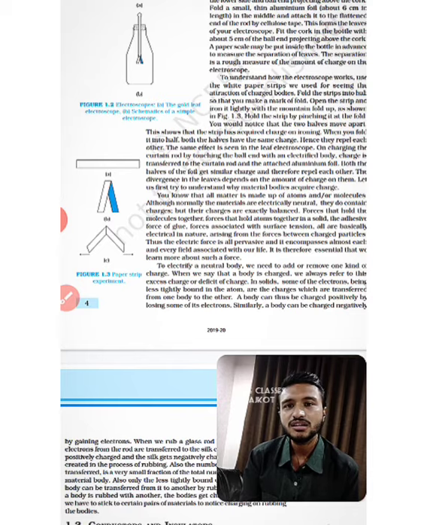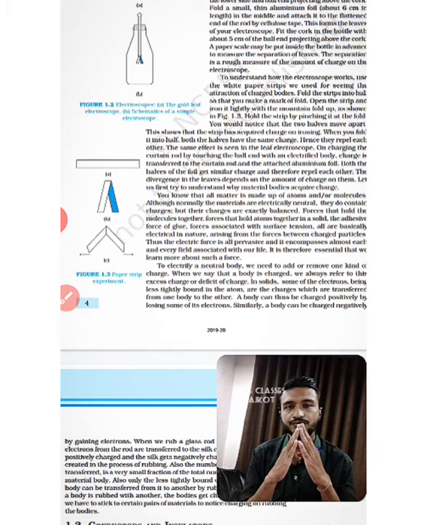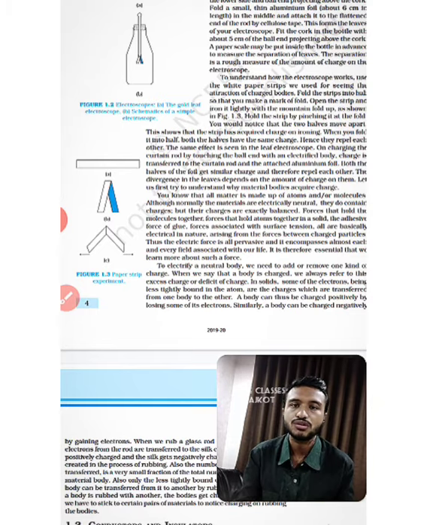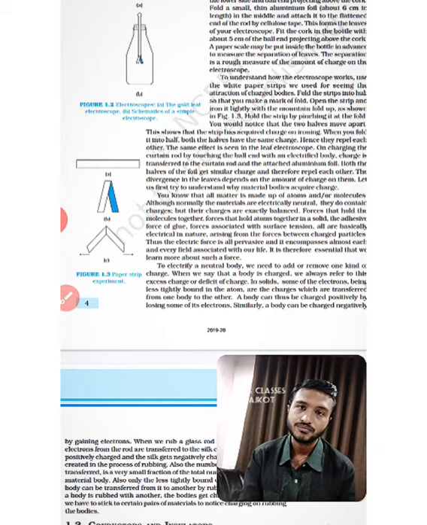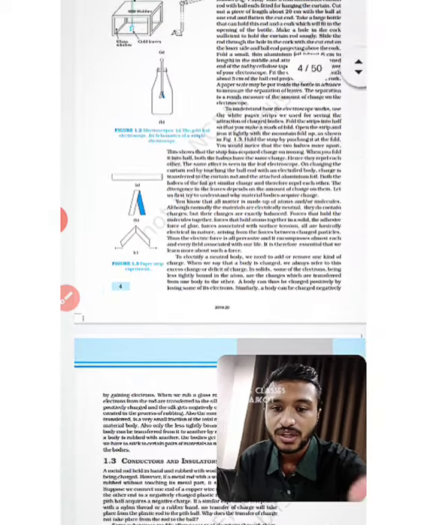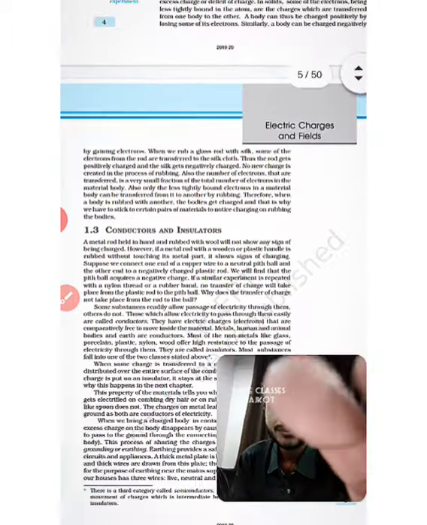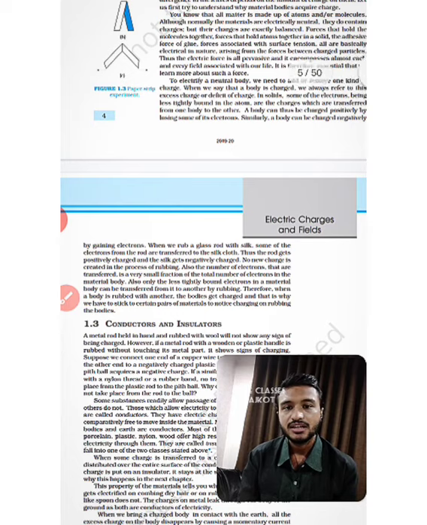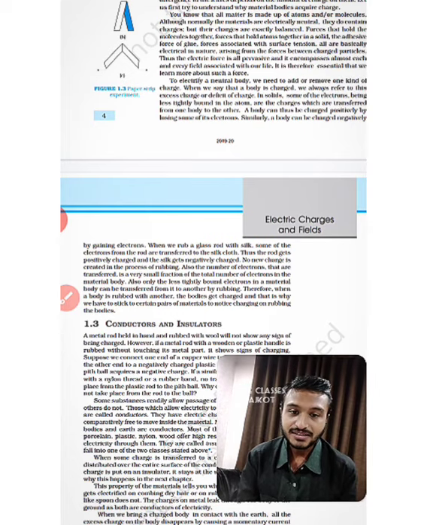If the strip will be like this only, it will not go far away, nor come nearer to one another, then what should be the conclusion? Then there is a neutral charge. Neutral charges are the kind of charges which are there ultimately to balance the positive charges as well as negative charges.